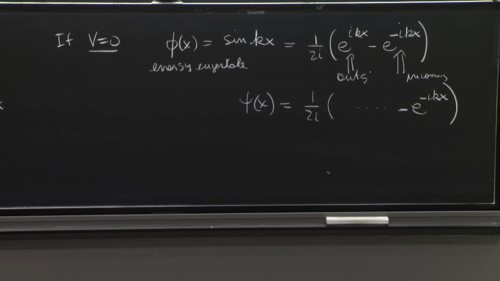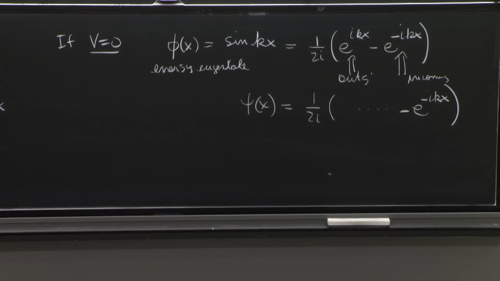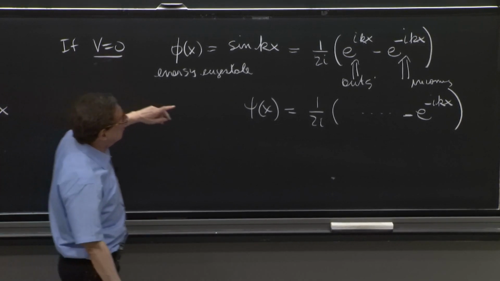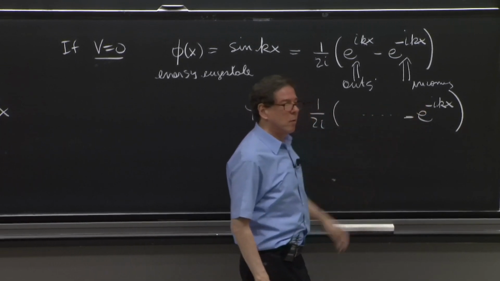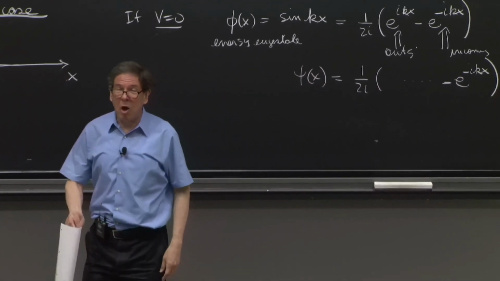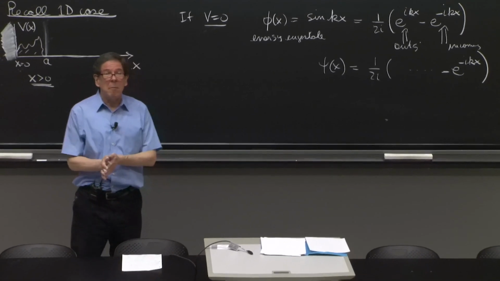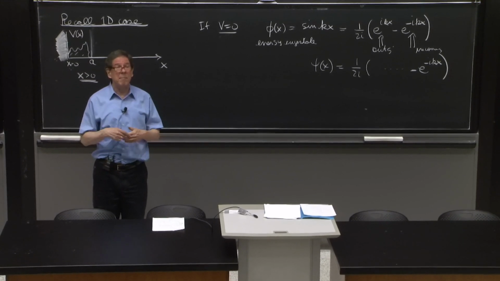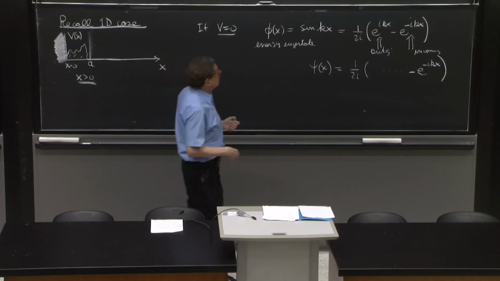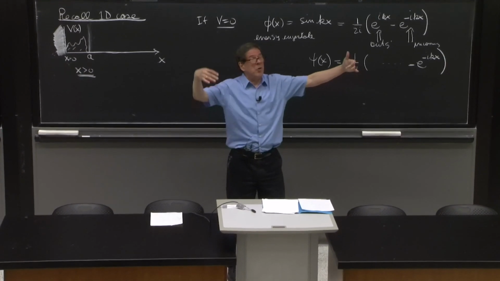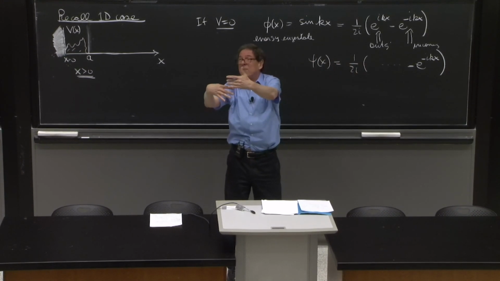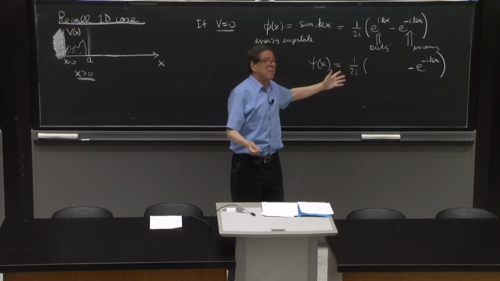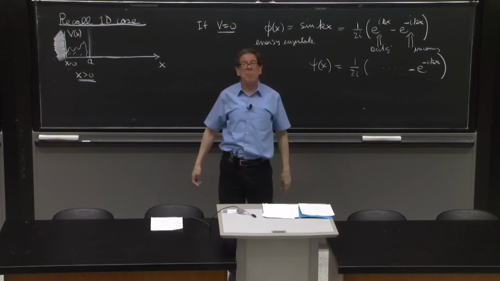That's what we do when we do scattering. So if we want to compare our solution to the case when v is equal to 0, we put the same incoming wave. But then solving the scattering problem means finding the outgoing wave, which now may be different. Because exactly when you have a potential, you have control over what you send in, but you have no control over what comes out. That's solving the scattering problem.